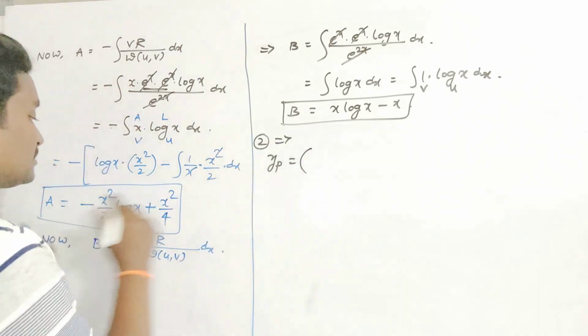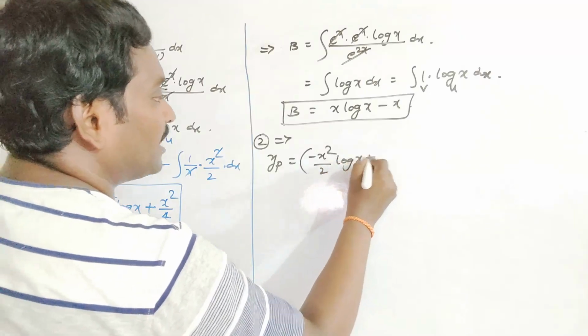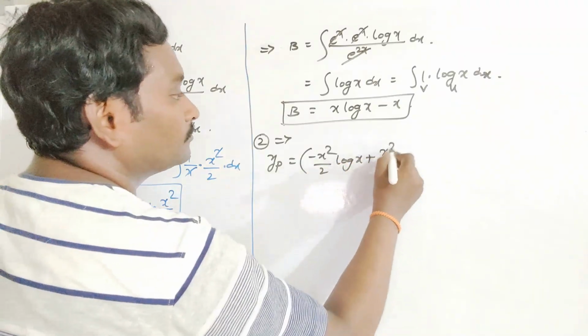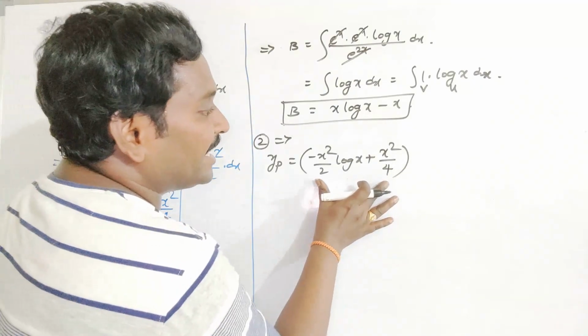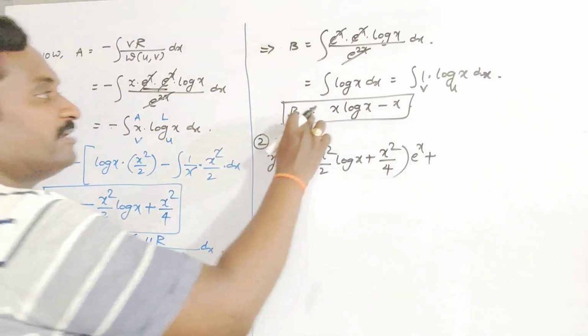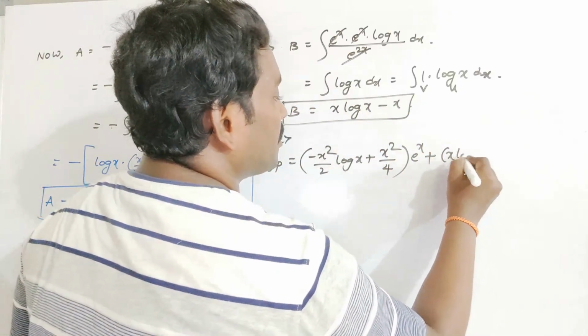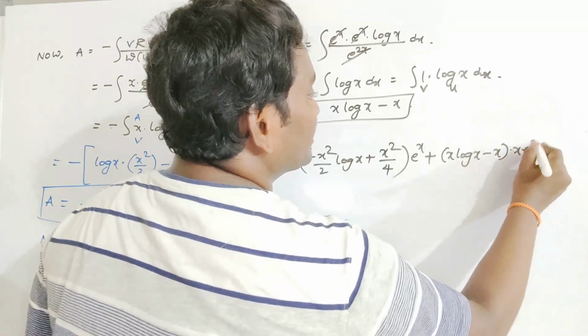So the a value, which is minus x squared by 2 into log x plus x squared by 4, into, so product of, e power x, plus the b value, which is x log x minus x, into x into e power x.